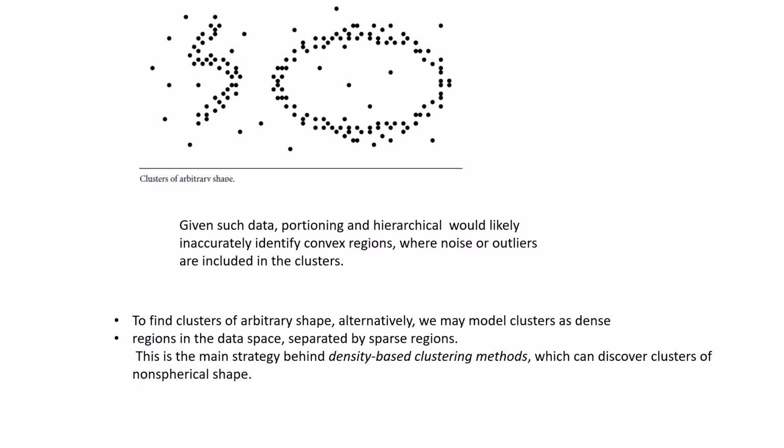To find clusters of arbitrary shape, alternatively, we may model clusters as dense regions in the data space separated by sparse regions. That is the main strategy behind density-based clustering methods, which can discover clusters of non-spherical shape.